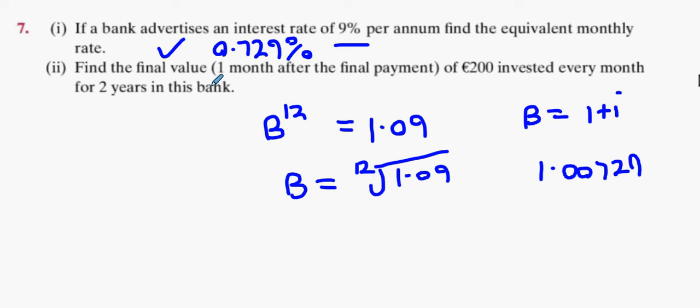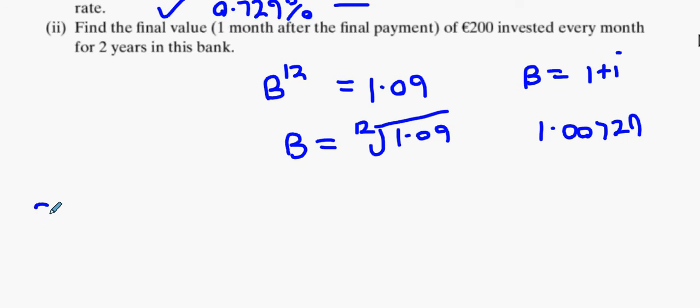Find the final value 1 month after the final payment of €200 invested every month for 24 years. Right. €200. Your last investment is there for how long? 1 month. Your second last investment is there for 2 months.